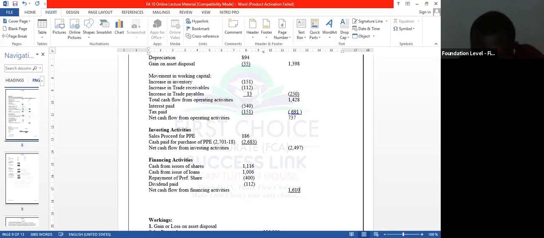That will give us negative 150. So that is the net cash flow, the net cash and cash equivalent for the year.